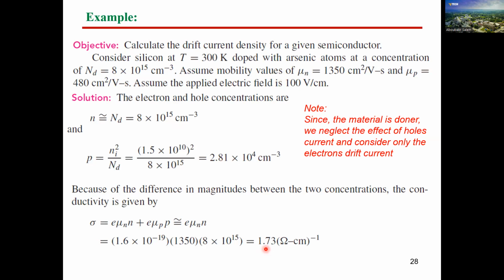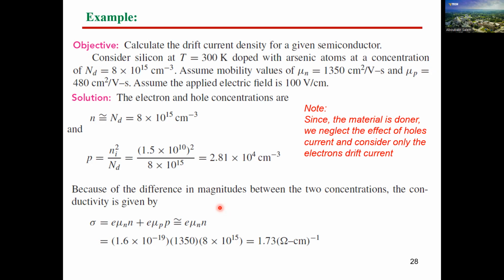So this is going to be 1.73 ohm centimeter to the minus 1. So this is now the conductivity, guys, due to the N type, because this is a donor material. If you would like to calculate the other part, it's up to you, but in the end, it will not be effective in our results. So this is now the sigma.